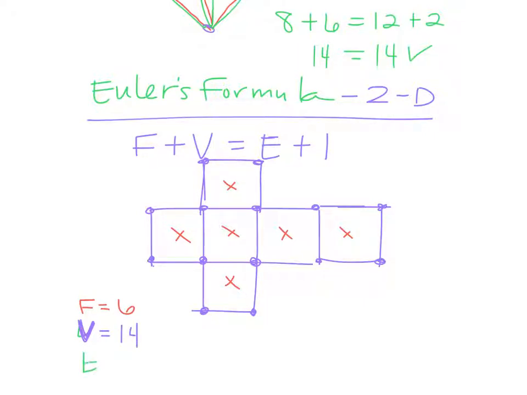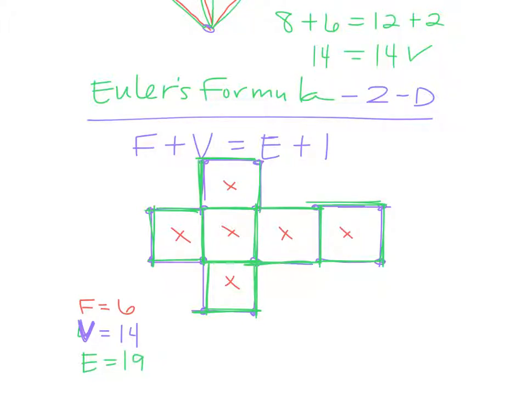And then the last one, edges. So again, I would mark them as you go just so you're good. If you're not drawing them, then I guess you don't mark them. But 1, 2, 3, 4, 5, 6, 7, 8, 9, 10, 11, 12, 13, 14, 15, 16, 17, 18, 19.